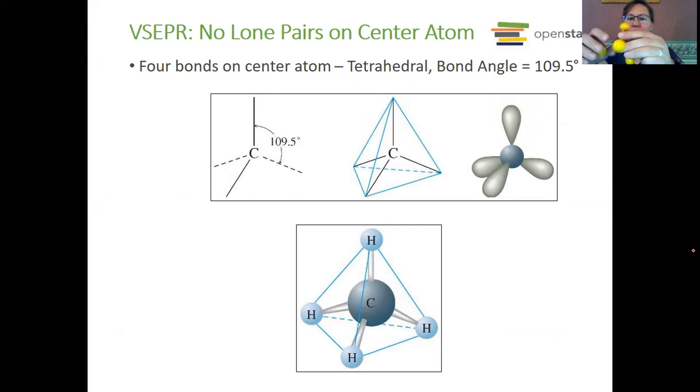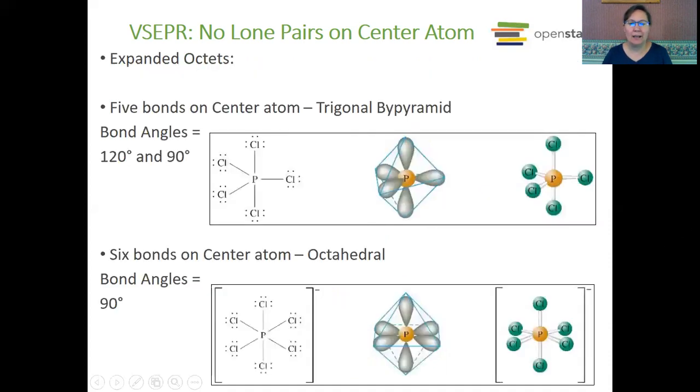I've actually used different molecular modeling kits on purpose, just so that you can see the different types. This forms a tetrahedron. A tetrahedron is a 4-sided geometric object where the sides are all the same. So you have 4 bonds, and that forms a tetrahedron, and our bond angle is 109.5 degrees.